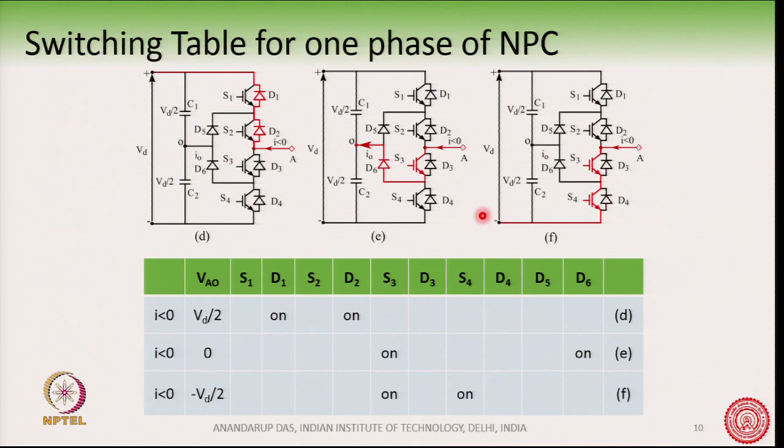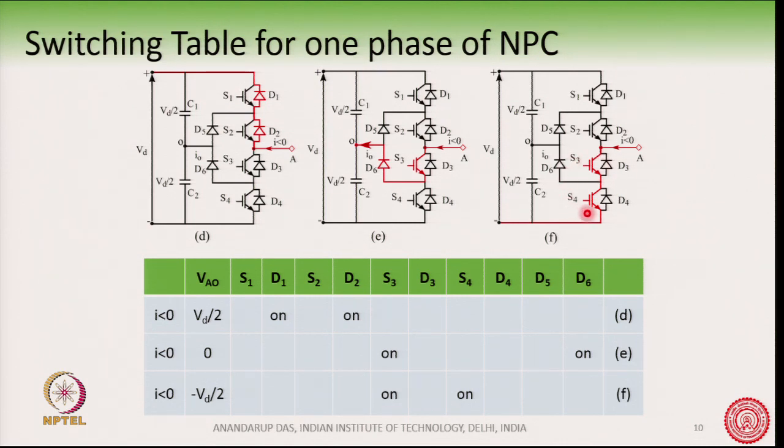Depending on the direction of the current, either S2 or S3 will conduct, along with either D5 or D6, the clamping diodes. So one of them will be conducting depending on the direction of the current. In both these cases, we will get 0 voltage. Similarly, if I want VAO as minus Vd by 2, what will we do?